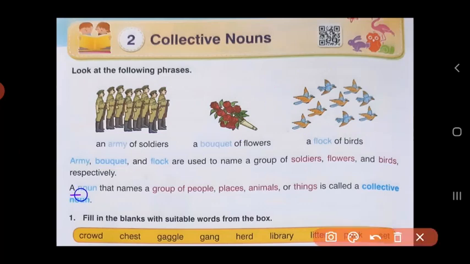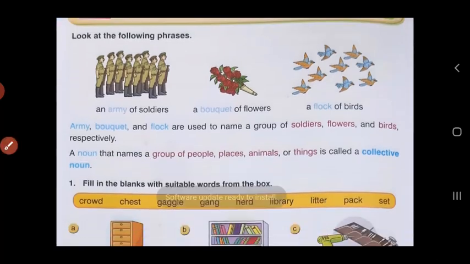So, a noun that names a group of people, places, animals or things is called a collective noun. So children, remember, whenever we are talking about a group of things, people, places, animals, birds, then we call those nouns collective nouns. You have to learn the words for each of these groups.